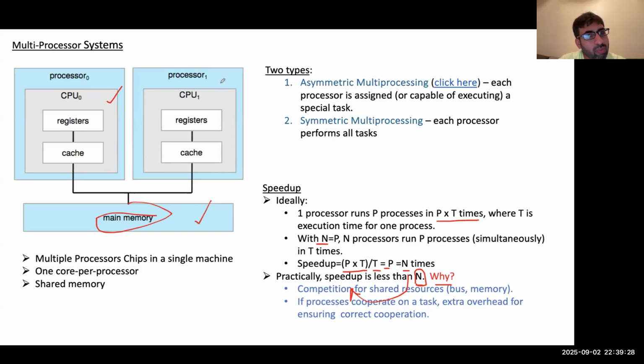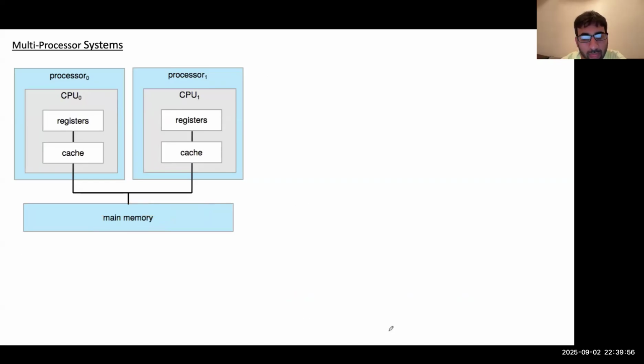So the process on CPU 1 must read it after the data is written by the process on CPU 0. This means we need to enforce ordering, for which we need extra mechanisms for ordered access to the memory. So it also incurs extra overhead, not only communication but also orchestrating accesses to the memory. Because of these factors, our actual speed up is less than N.